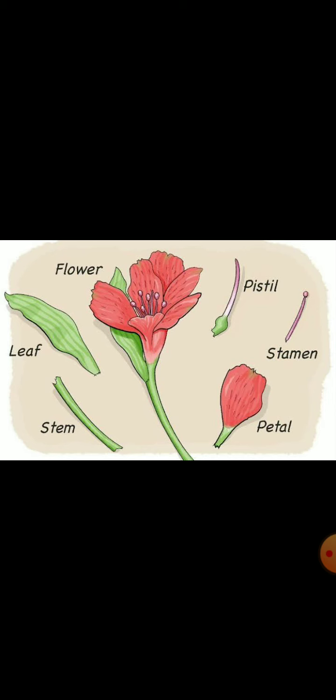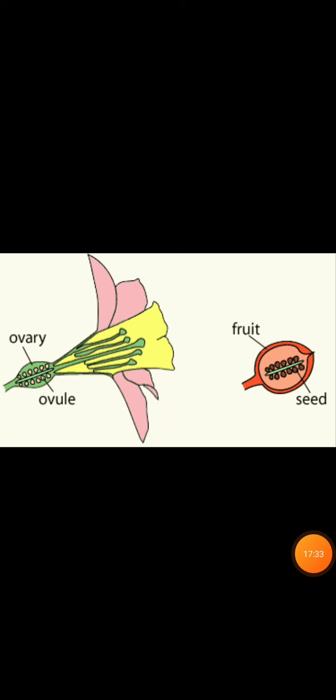What is the meaning of shrivel? It means it will become dry and wrinkled, and as a result, when it is dry, it will fall off. All these parts, pistil, stamen, petal, will shrivel and fall off. So, this is all about sexual reproduction in flowering plants.